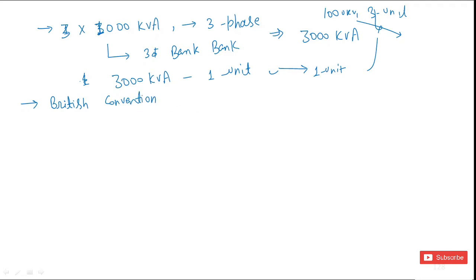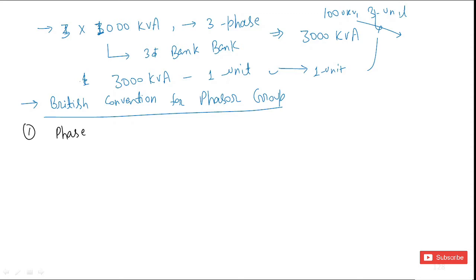Rule number 1, we are using the phase sequence ABC. This is A, B and C. The phasor is rotating in the anticlockwise direction.